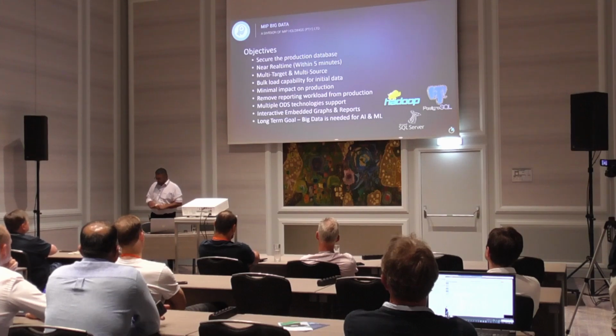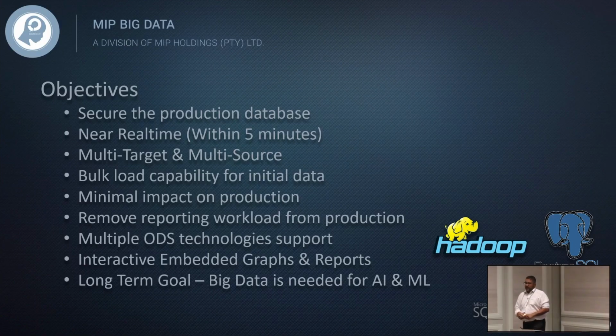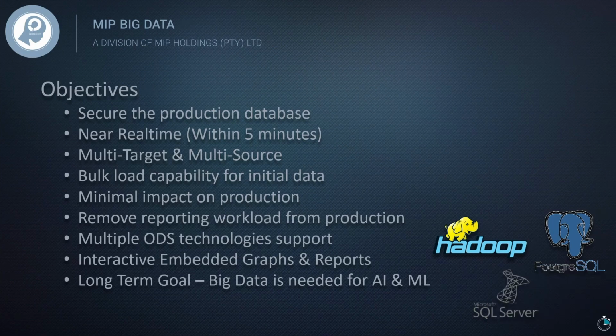Okay, so maybe a bit about our use case. We needed to get data out of Progress and into a SQL database, and there was a particular reason for this. We are a software house, and we deliver Progress applications. And if we have to spend money on developers writing reports, it's wasted effort for us.